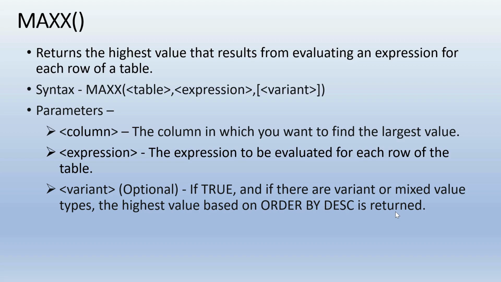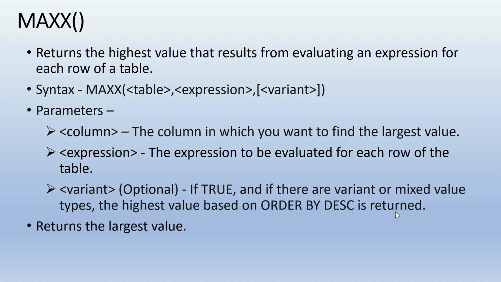If the values are of mixed types, that is, we have multiple types of values: string, dates, numeric values, etc., such are the variants. So the result will be the highest value based on order by.